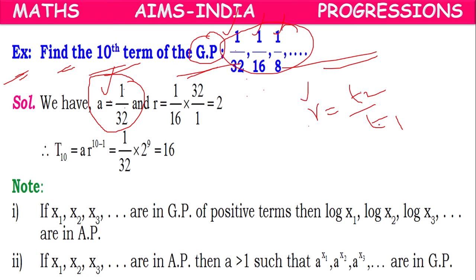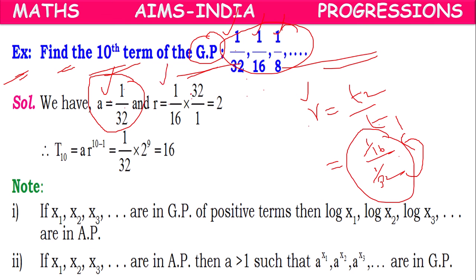The formula is T2 by T1, which is equal to 1 by 16 divided by 1 by 32. The denominator goes to the numerator, so it becomes 1 by 16 into 32 by 1. The 1 gets cancelled, and 16 goes into 32 two times. So the common ratio is 2.